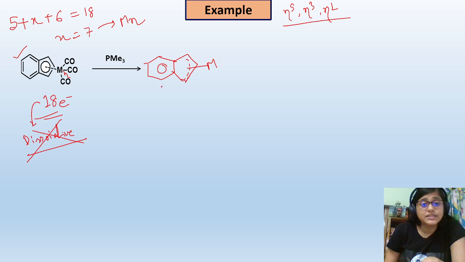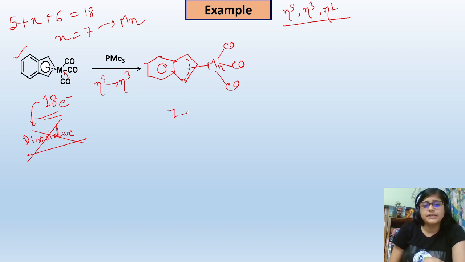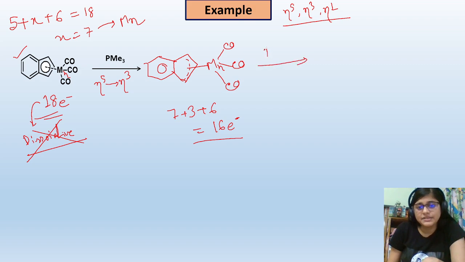This is now eta 3, so eta 5 to eta 3 conversion will happen. Okay, so after eta 3, it will now be a 16 electron species, with the CO groups. So it is Mn, right? So 7 plus 3 and 6, it will be 16, right? So 18 to 16, and then PMe3.